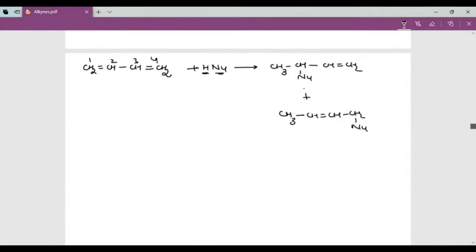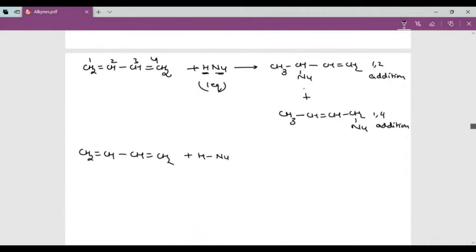Relative positioning is taken. This is called 1-2 addition, and this is called 1-4 addition. Okay, how does it take place? First, certainly any of the bond. Now, this is certainly the case when one equivalent is considered.